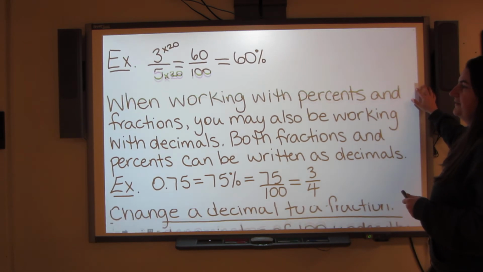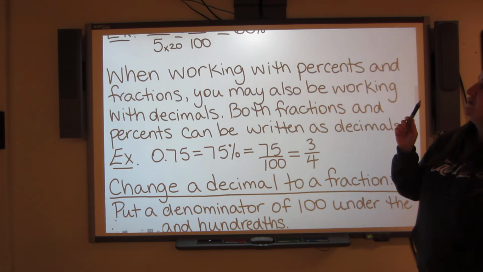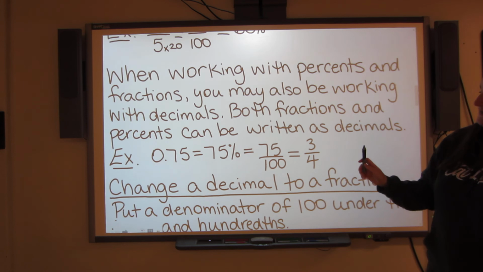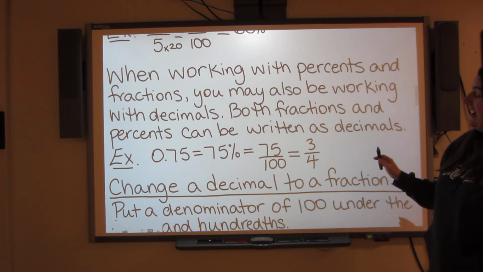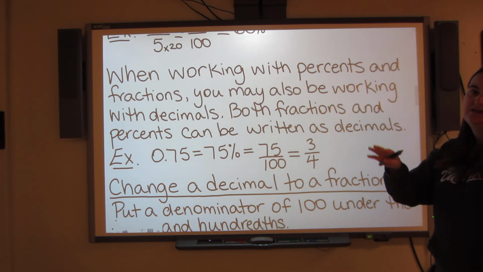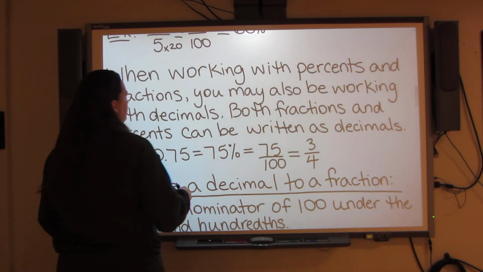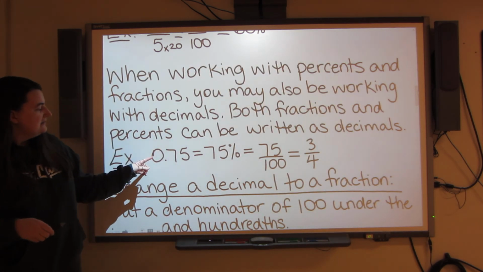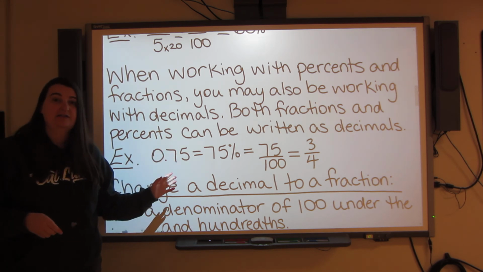All right, so when working with percents and fractions, you may also be working with decimals. Both fractions and percents can be written as decimals. So this is where we're introducing decimals into the mix. Here's an example. I have 0.75, or 75 hundredths.